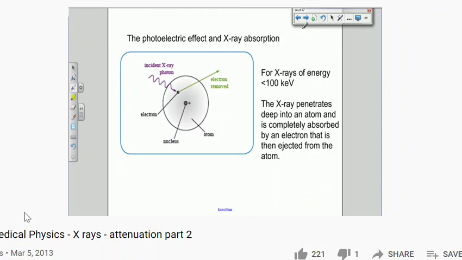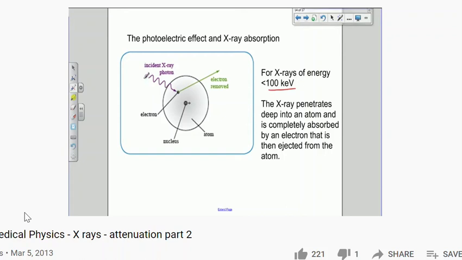So the first one is the photoelectric effect. Now, in terms of medical physics, what happens is this. It's quite simple really, and it just involves ionization, and it only applies to X-rays of energy less than 100 keV.